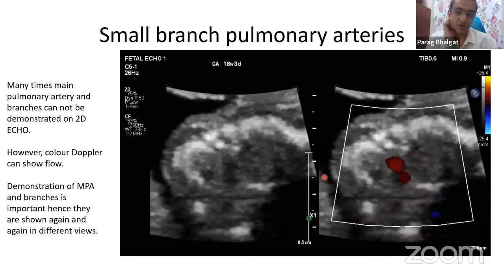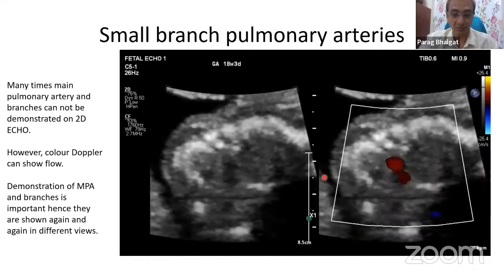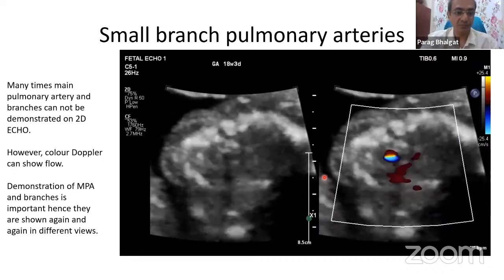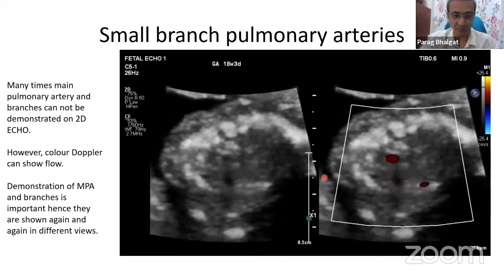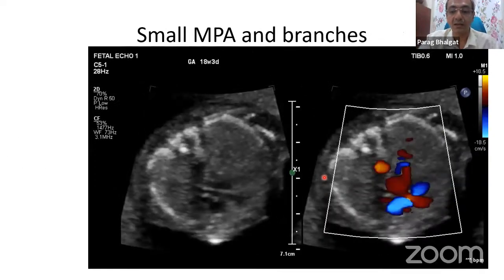Again, showing the small pulmonary artery with color, which is otherwise difficult to see on the 2D images. Just see it again and again, and you will appreciate what I am going to say: the importance of color Doppler in showing things which are not easily apparent.